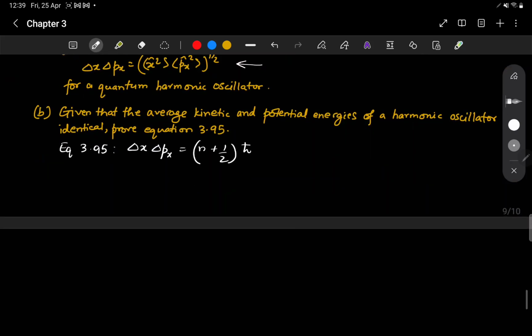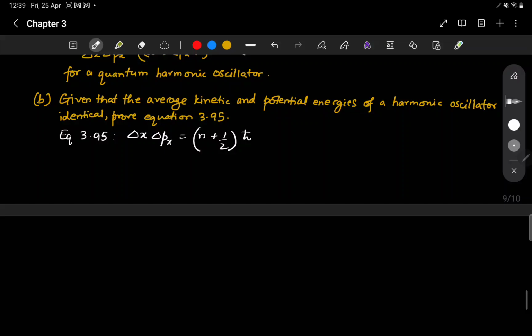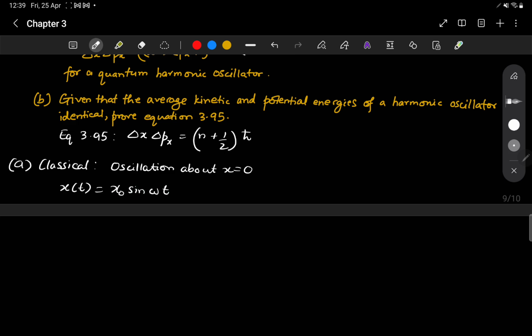So let us begin with part A. Classically, in a classical oscillator, the particle oscillates about x equal to 0 and the position is given as follows, where x naught is the amplitude and t is the time, and this averages out to 0.